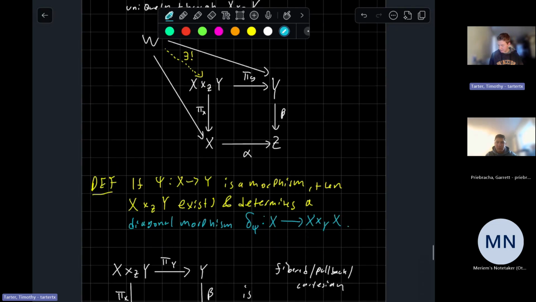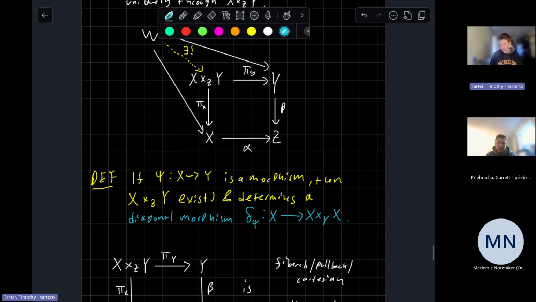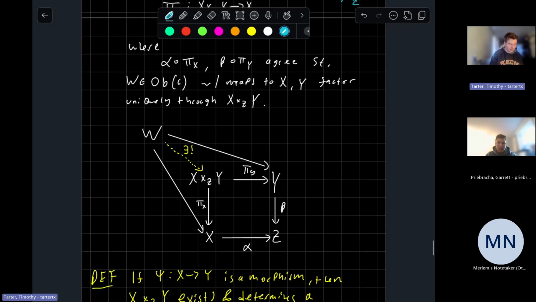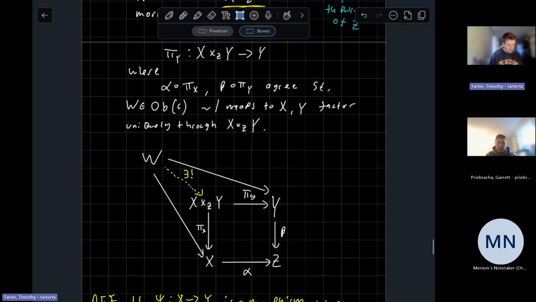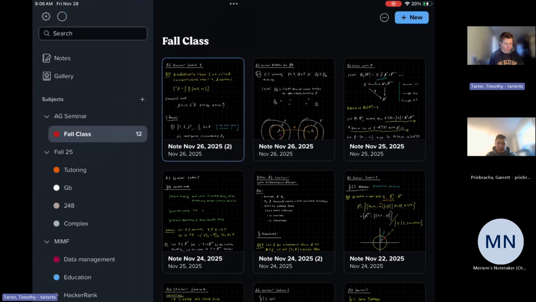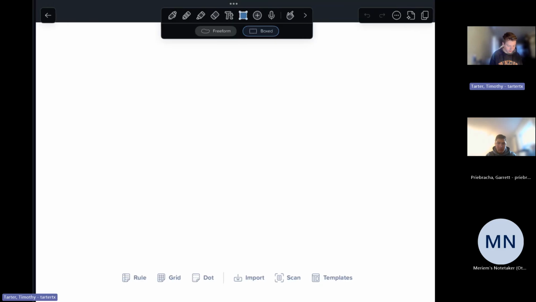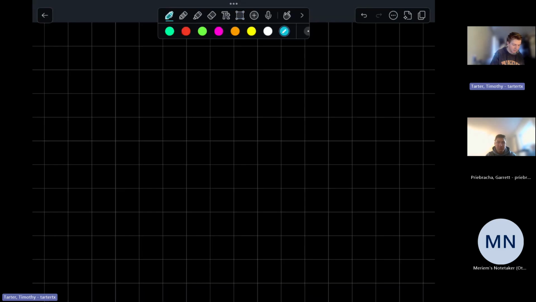Let's see. So our first thing is an exercise on fiber products of sets. So I'm just gonna go ahead and copy this commutative diagram, and that's what we're gonna start our new notes with. Wow, lecture 10. We're getting into this. This is exciting.